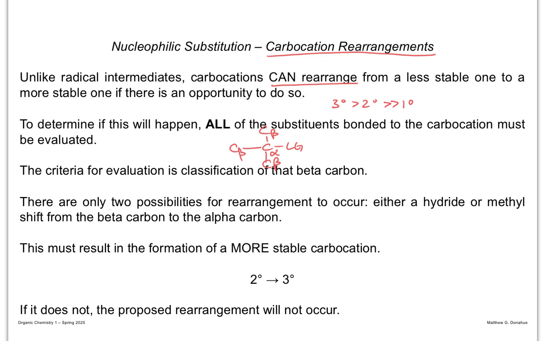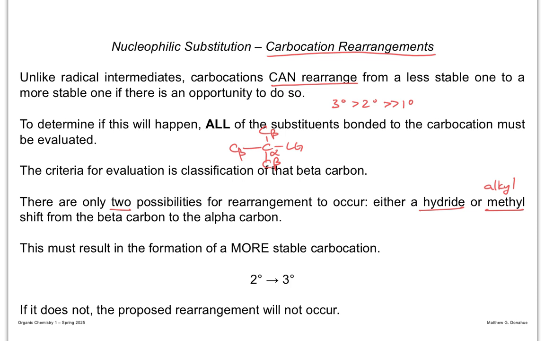So of the 2 types, they're called hydride or methyl, and I'll generalize that methyl to alkyl. So from the beta carbon, something's going to move over to that original alpha carbon. And it will only happen if you can generate a more stable carbocation.